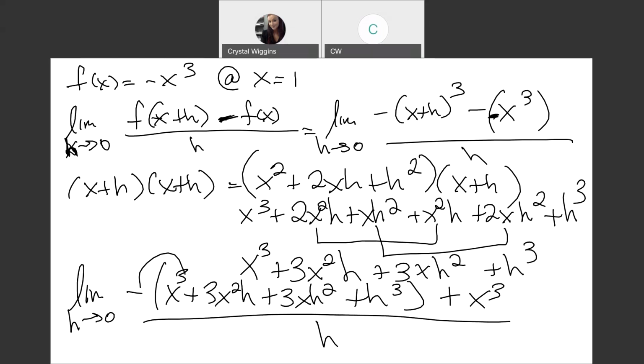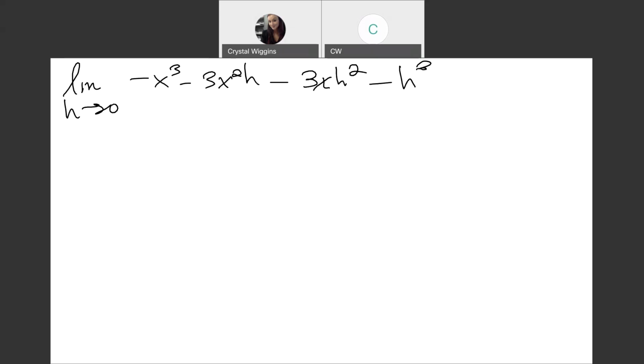We now need to distribute this negative sign all the way through and then hopefully be canceling all x terms. So we have the limit as h approaches 0 of negative x cubed minus 3x squared h minus 3xh squared minus h cubed plus x cubed, all over h.